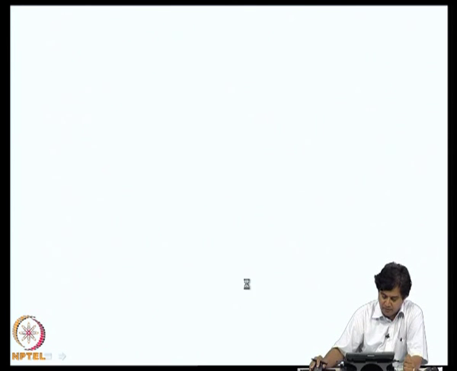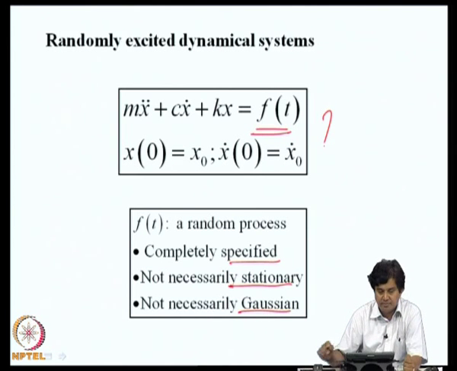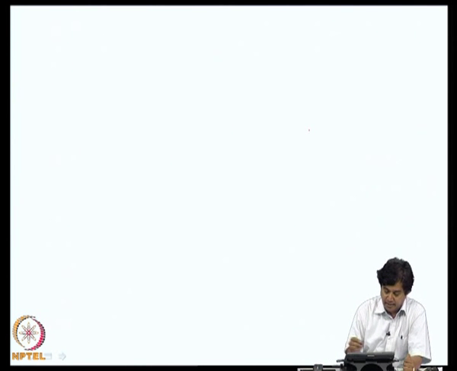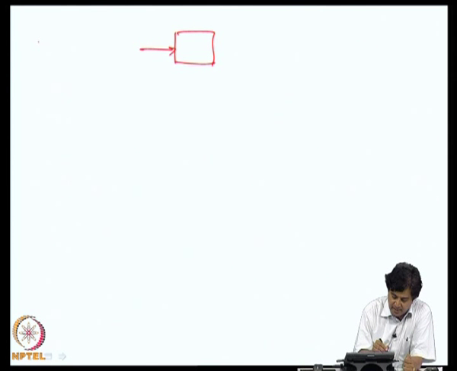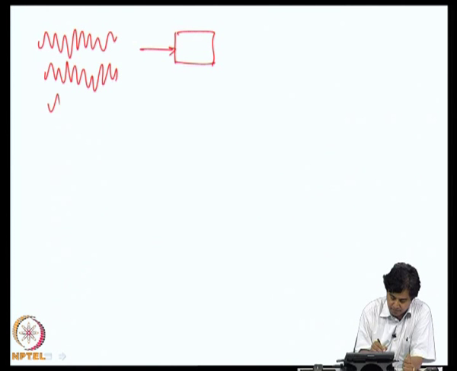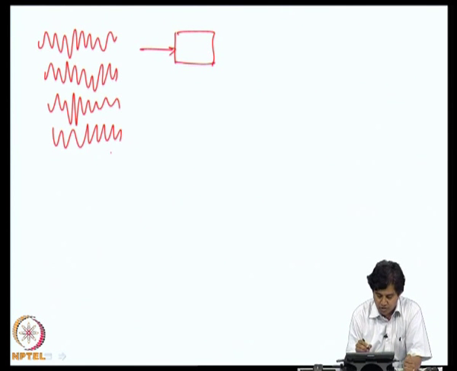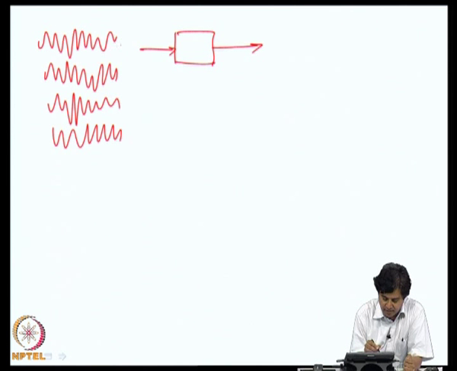What is the meaning of this equation? Here we have a system, and f of t is a random process, which means this is a collection of time histories. You can assume that the system is excited by this time history f of t and it produces a response x of t.